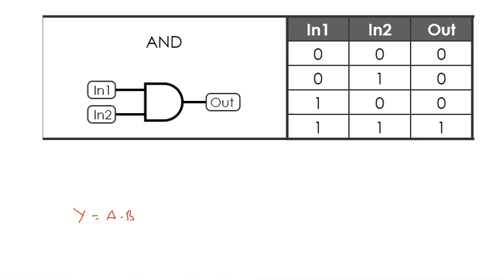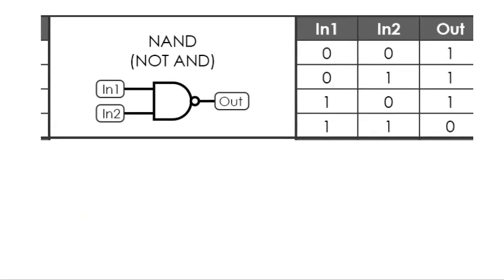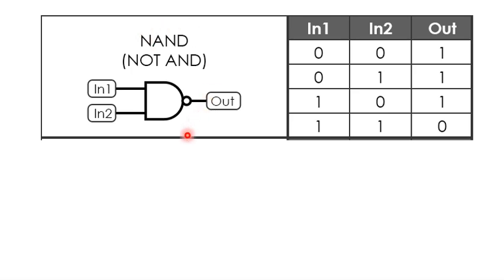Okay, next one. This is about the NAND gate. The NAND gate is nothing but a simple AND gate with the NOT gate. AND gate plus NOT gate, that we are calling the NAND gate.